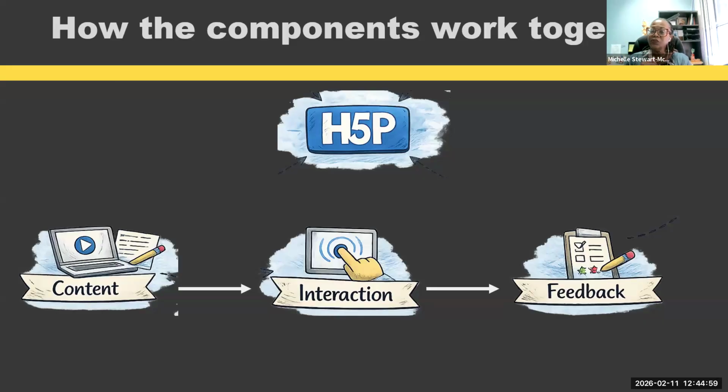Okay, so when we think about these three components, if you think about a Lego game where you have all of these different blocks and then you build the different pieces together depending on what it is you're trying to achieve, think of the H5P system as Lego blocks. So you have blocks for instruction, blocks for explanation, blocks for questions. You have image blocks, which can be static or interactive. You have video and audio blocks.